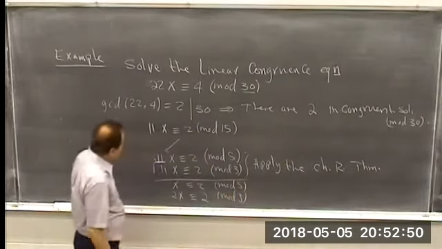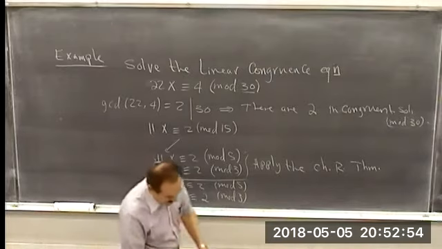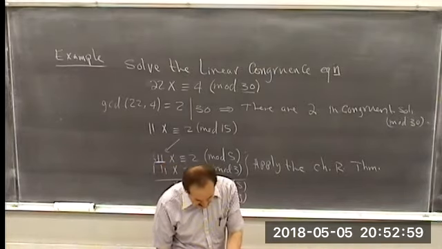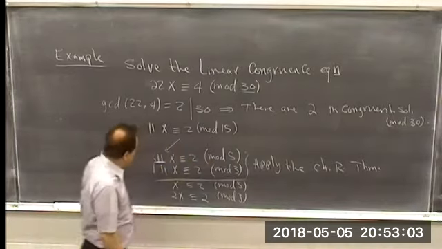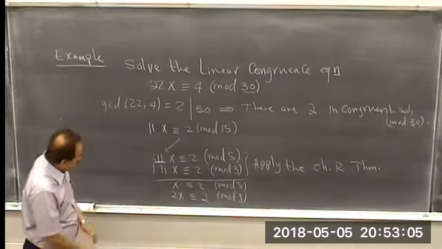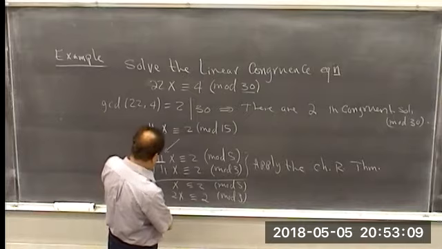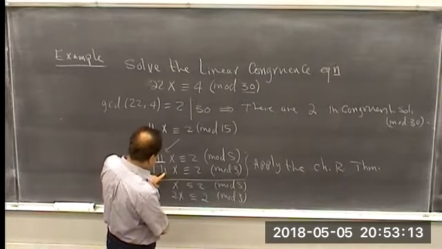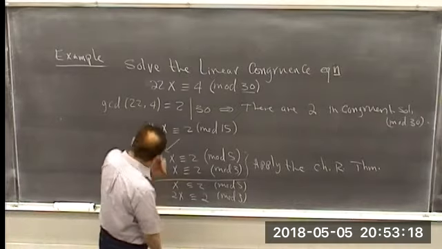All right, so 11 multiplied by this is 22. So now we subtract 9 out of this, which is congruent to 3 mod 5, and we get this one.